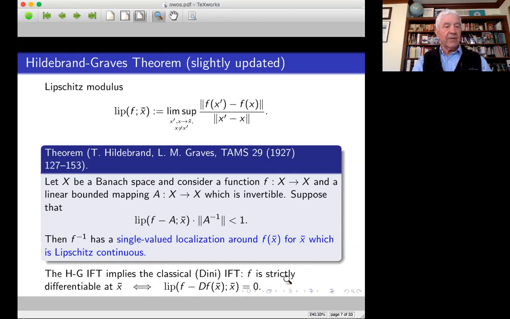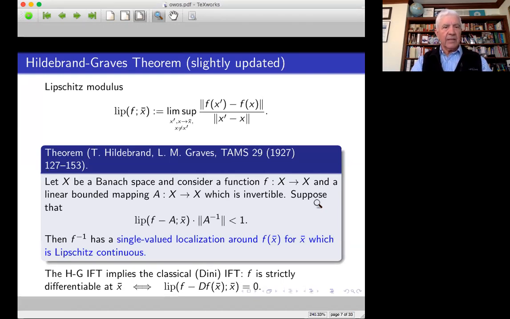F is strictly differentiable, and then if the derivative is invertible, the inverse has a single-valued localization. We didn't get from here that this localization is continuously differentiable, but when we know that it's Lipschitz continuous, proving that it's continuously differentiable is really very easy. So we get it for free, basically.